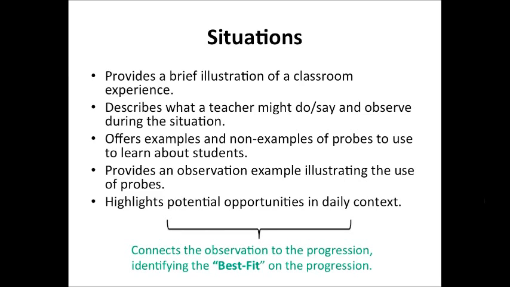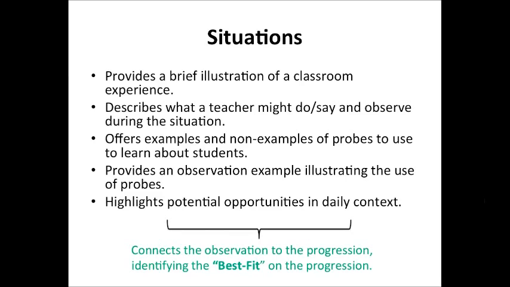So these particular situations that we wrote, again, are examples. They give a brief illustration of what a classroom experience might look like that would enable a teacher to uncover information about their students as related to the particular progression that it's identified to with. It'll describe a little bit about what the teacher might say or do, particular things to observe during that particular experience.